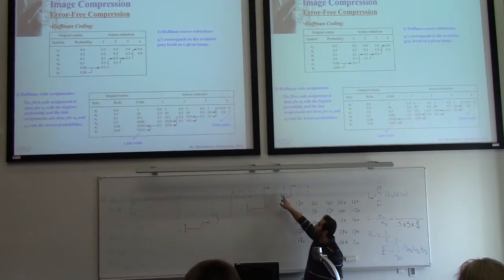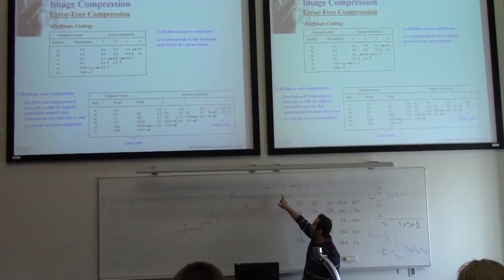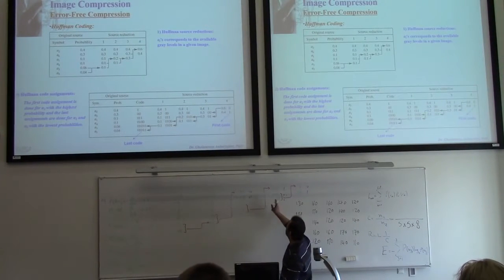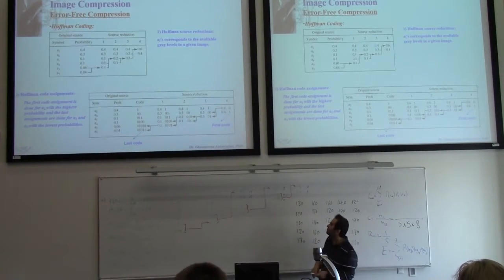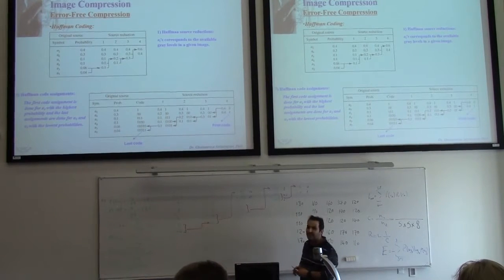For the value of 0.4, we know that the 0.4 is the combination of these two probabilities, so we have to put 1 for each one, because the value of 0.4 is 1. Then after that we have to add.